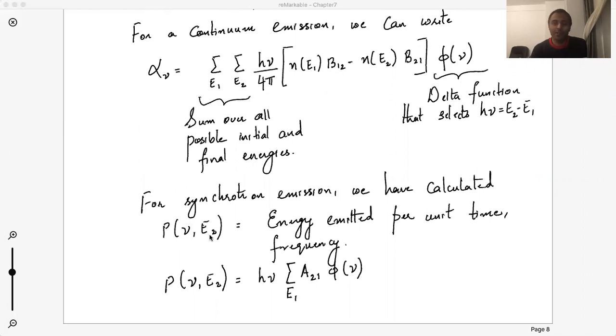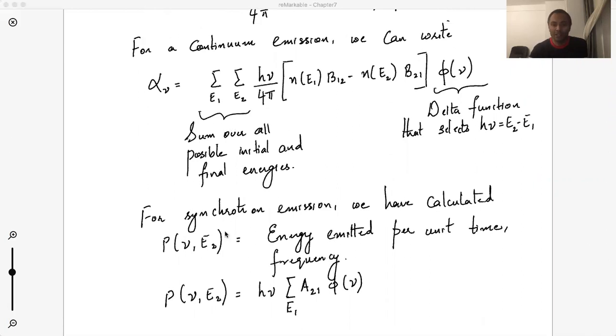Again, remember the difference between the classical and the quantum treatment here is that whereas in the quantum treatment you're used to, an electron at energy E2 in a two-level system can only go to one other energy state by emitting a photon of a given frequency. But because the emission is broadband in synchrotron emission, an electron at energy E2 can go to a lot of different energies E1, right? That's why we have the double summation here.